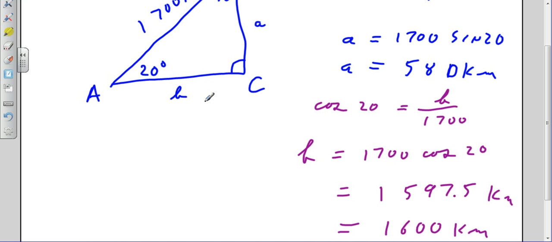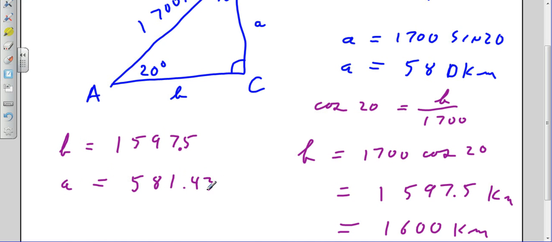My calculator will tell me that the B guy is 1597.5, and the A guy is 581.43, and then I would go back and round those out and say B is 1,600 kilometers, and the A guy is 580 kilometers.